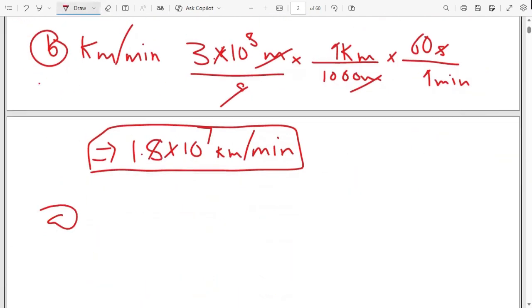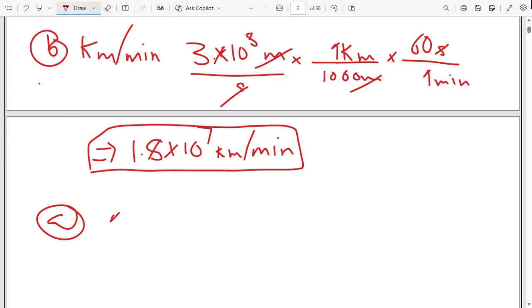Part C is saying we should convert this same speed of light into miles per hour. So what are we supposed to know? There's one thing that we're supposed to know here that is very important, and that is the conversion factor between a mile and a meter.